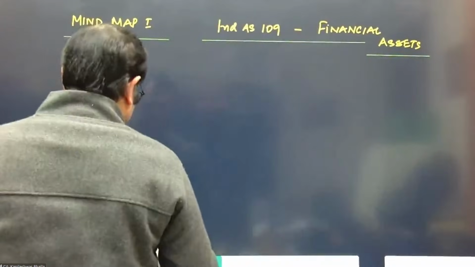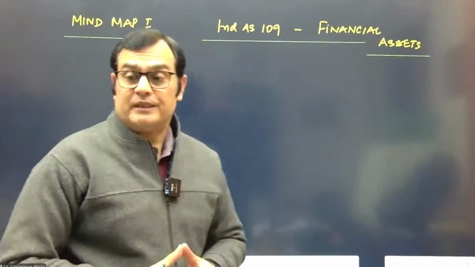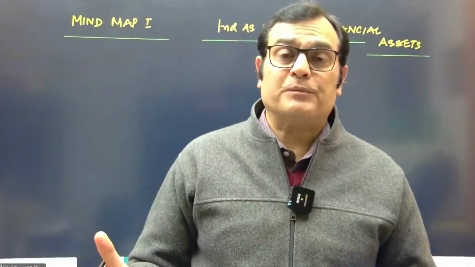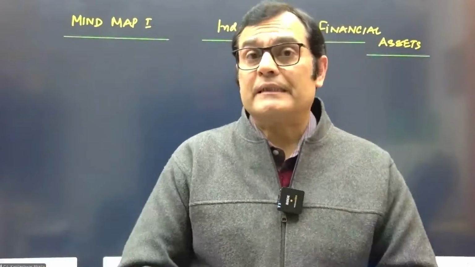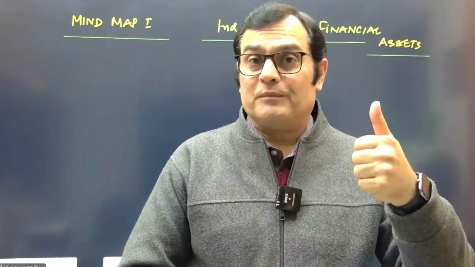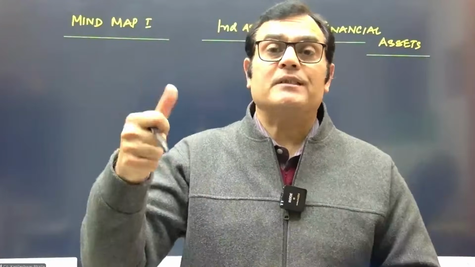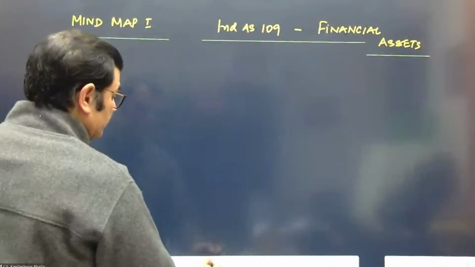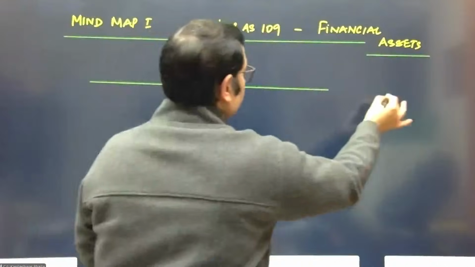So when we look at the measurement of financial assets, rather I would say, whenever you look at the concept of measurement, your mind should always work in terms of how the initial measurement would take place and how the subsequent measurement would take place based on the balance sheet date. So first we can draw a structure and take a decision.